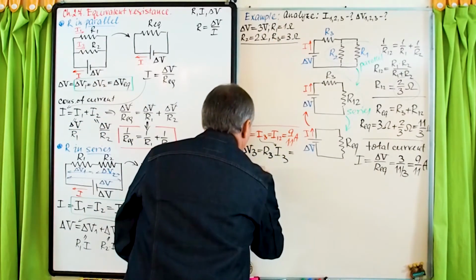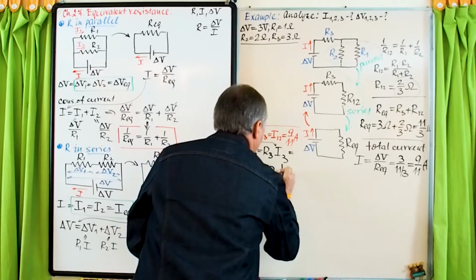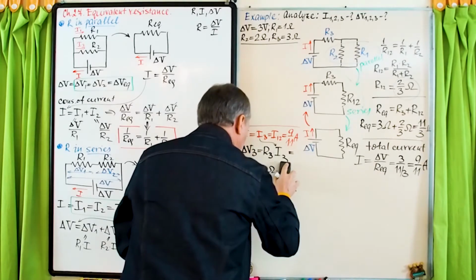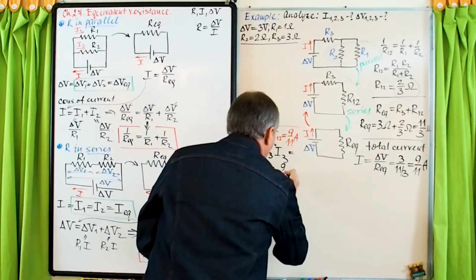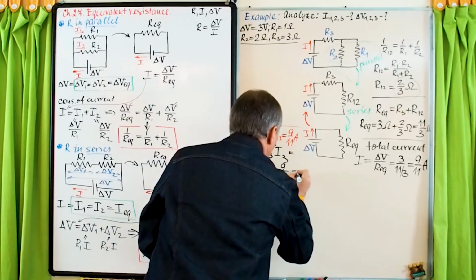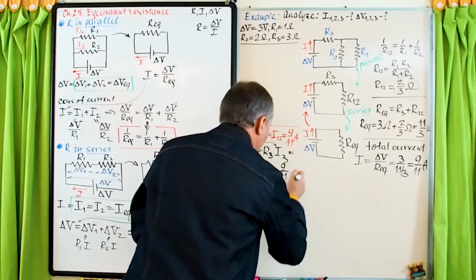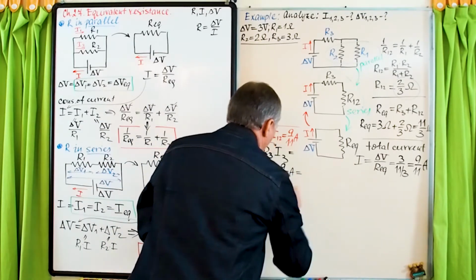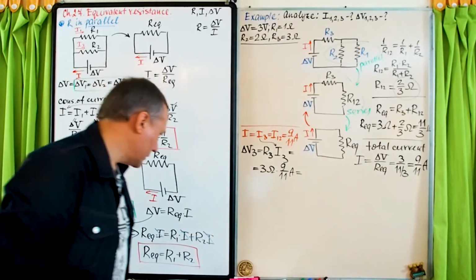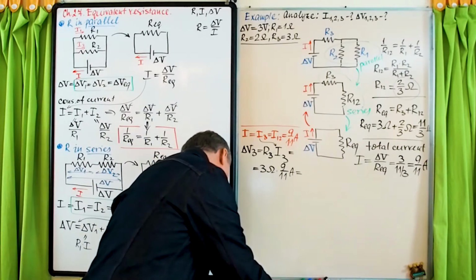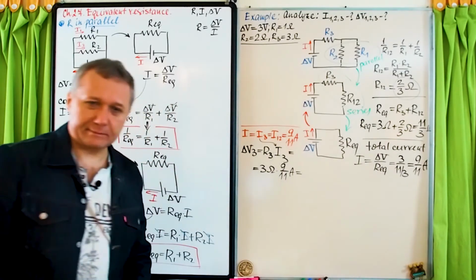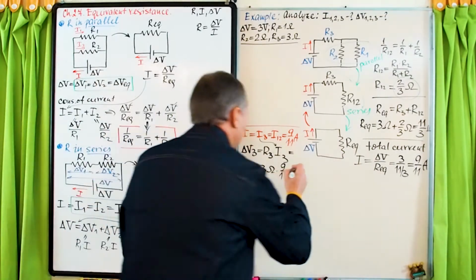I will write underneath. 3 ohms times 9 over 11 amps. Let me write also amps. 27 over 11, really? Looks so ugly. Yeah, 27 over 11 volts.